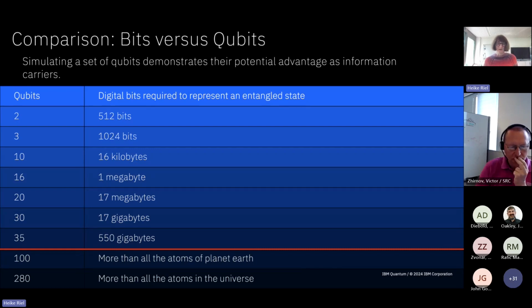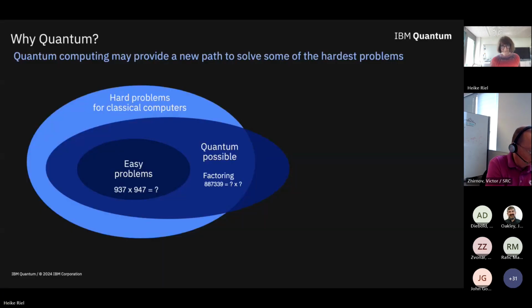And therefore, we come right now, and you will see later, already into a regime where quantum computers compete with classical computers. And what is also important, is that you also find techniques for verification of the results.